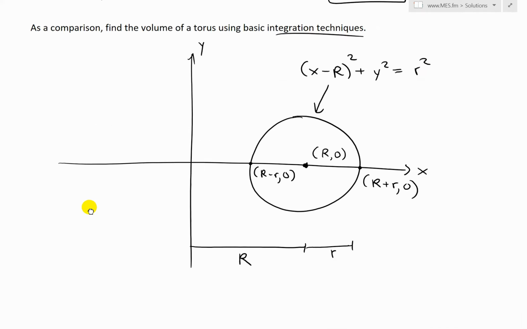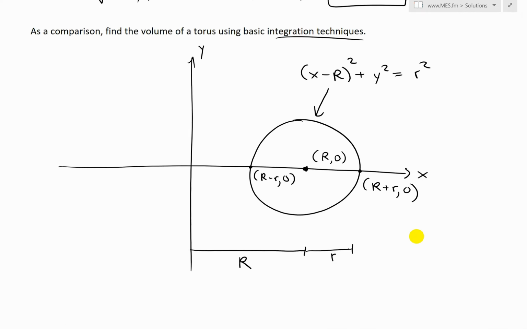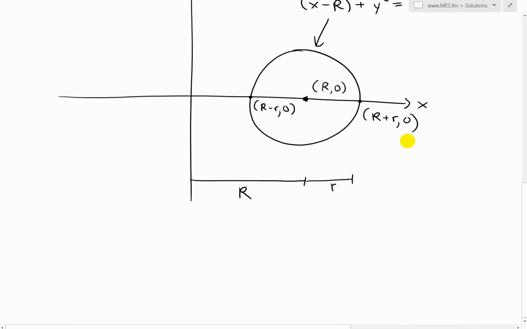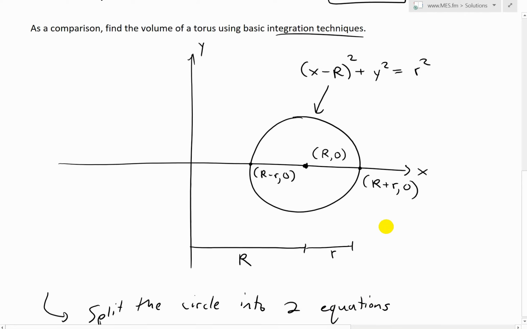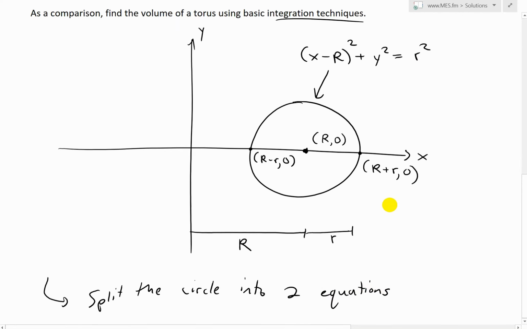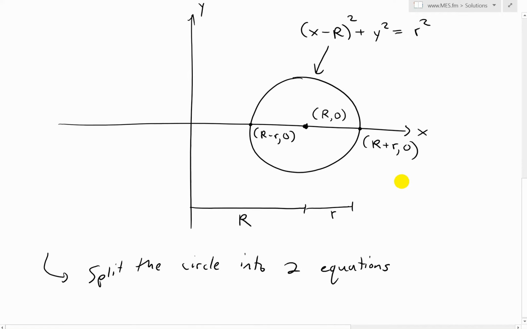Yeah, now what I'm going to do is actually split this equation of a circle into two equations, and I'll explain why in a bit. Basically, split the circle into two equations. The reason is because a circle, if we want to function in terms of x or in terms of y, we gotta move things around.